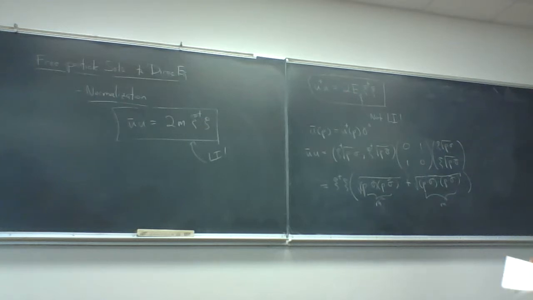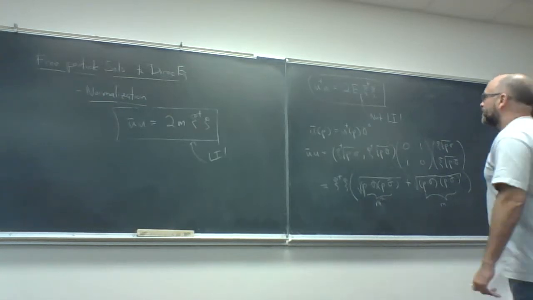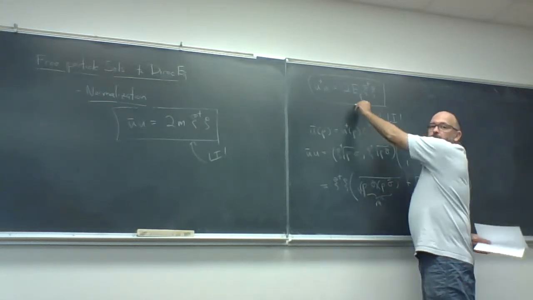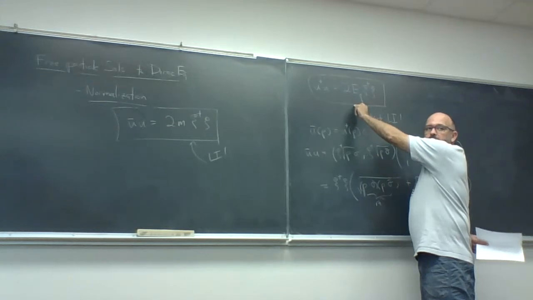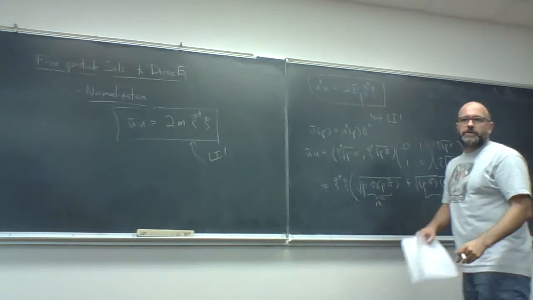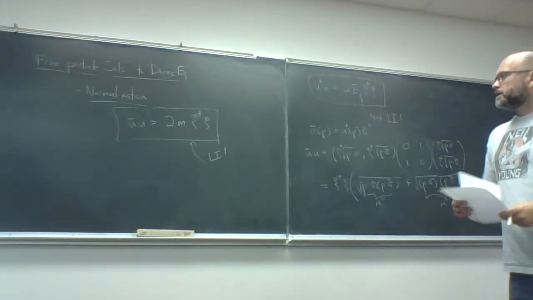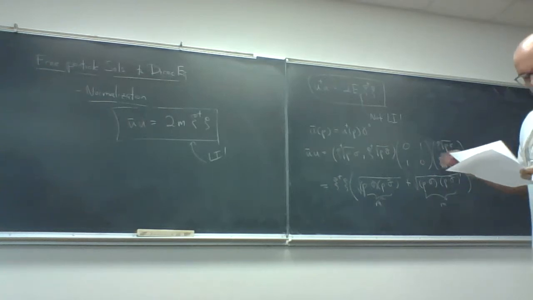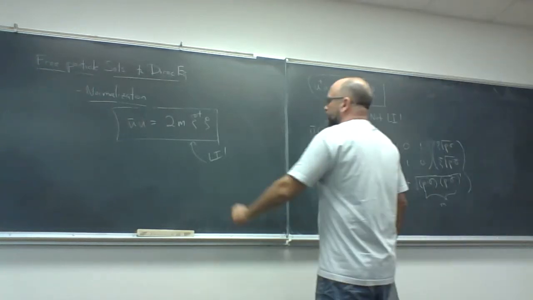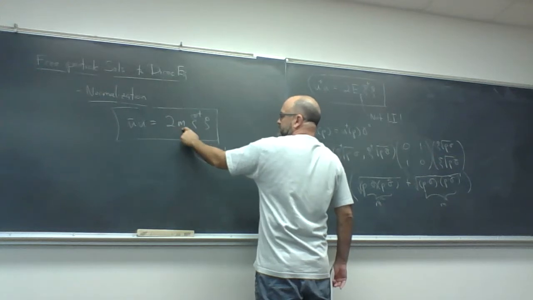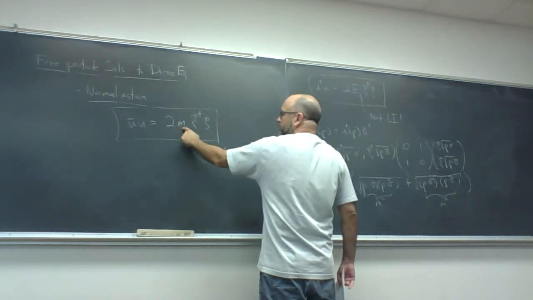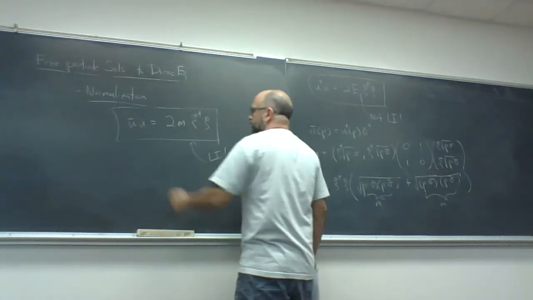So then you ask yourself, what if we're talking about massless particles? In the case of massless particles, you have to go with this guy, u dagger u. There's a workaround, a way to fix it, and we'll talk about that later. But for the time being, if you want a Lorentz invariant quantity for a massive particle, you want to go with u bar u.